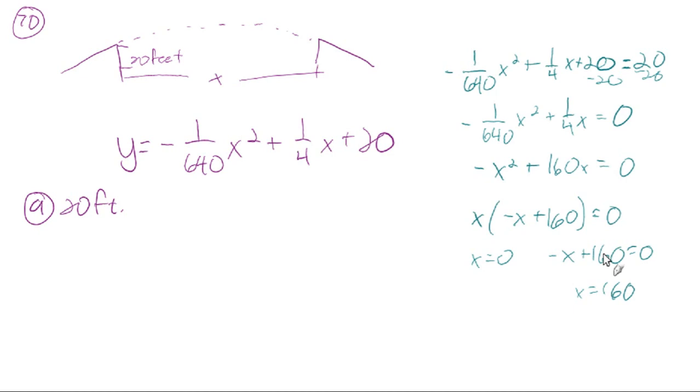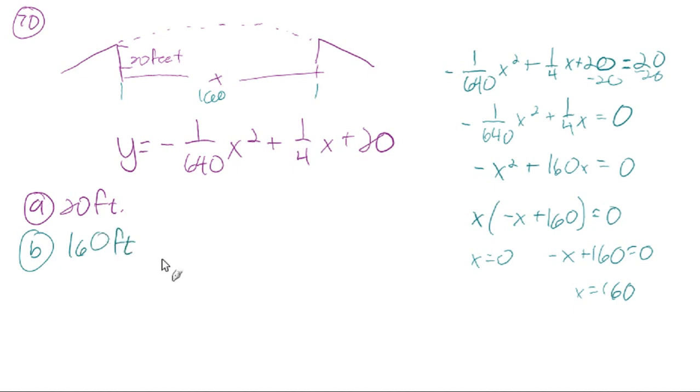If we put in a value of 0 for x, we'll get 20. That's no big surprise, because at 0 distance, he's coming off the ramp, so he'll be at 20 feet. And at 160, that means that this other distance way over there must be 160 from here to there. So 160 is the distance between the two ramps.